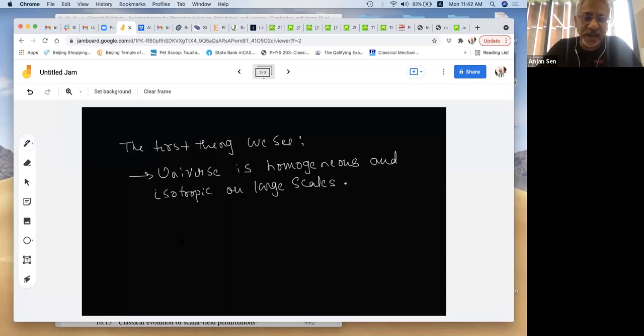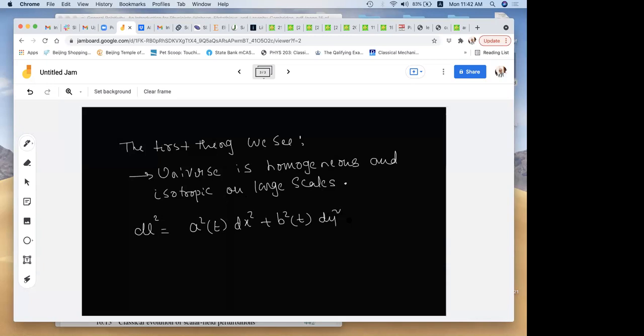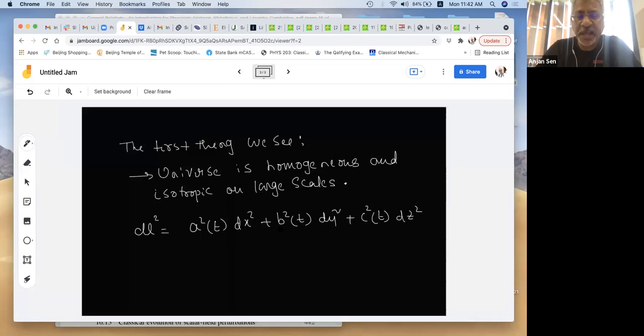But surely I can write a metric, a distance between two points in space. Something like s squared equals a squared of t dx squared plus b squared of t dy squared plus c squared of t dz squared, fine. Now, as you can see, there is no space dependence in a, b, and c. So obviously, this metric looks homogeneous.